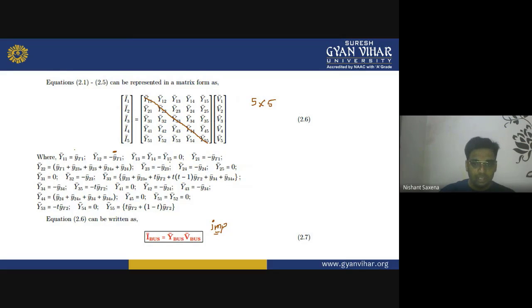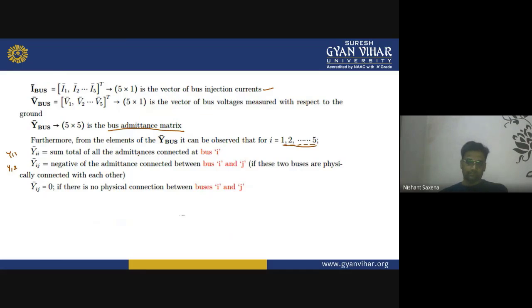Y15 is equal to 0, Y51 is equal to 0. Similarly, 2 and 5 are also not connected, that's why it is equal to 0. 1 and 4 are not connected directly, 1 and 3 are not connected directly. So that's why they are 0. If there is no physical connection. If there is a physical connection, then it will be the negative of the admittance connected between bus number i and bus number j.